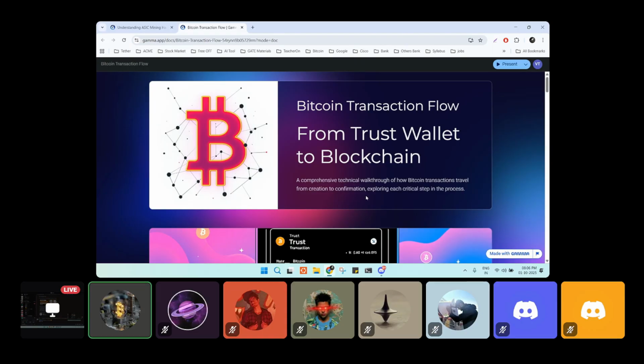each miner. Today, first we will be discussing the Bitcoin transaction flow, because this is a very interesting topic, and even for me, initially it took a lot of time to understand how things are happening. Because if you are using a bank, you need to know how things are happening.